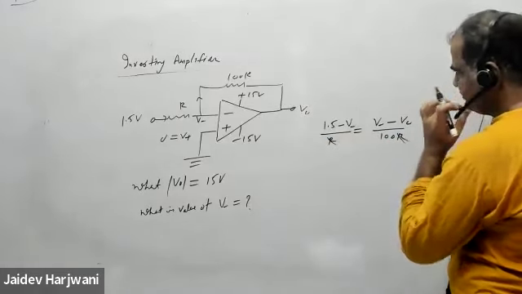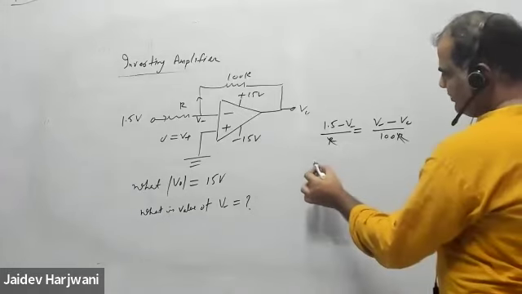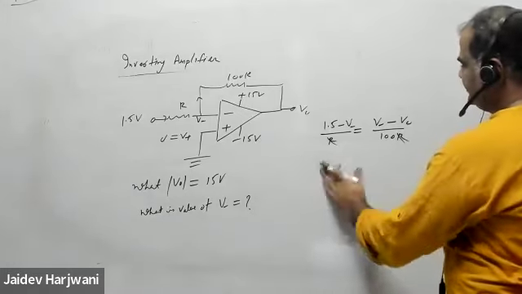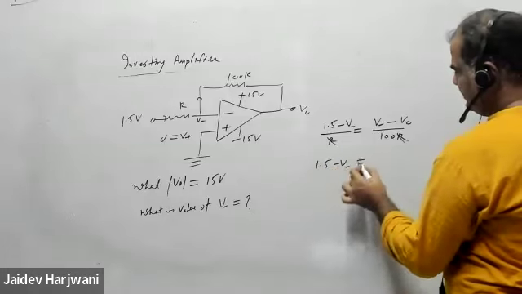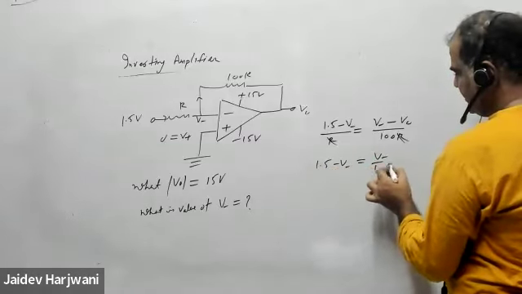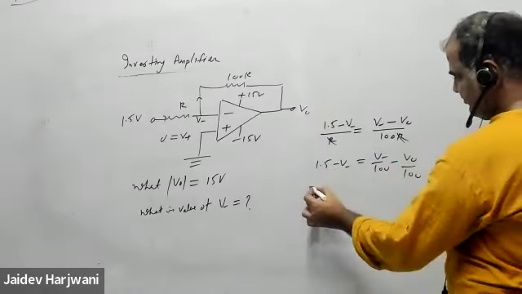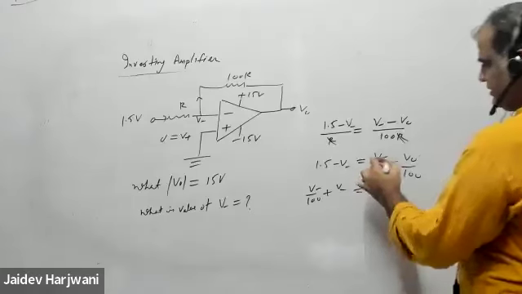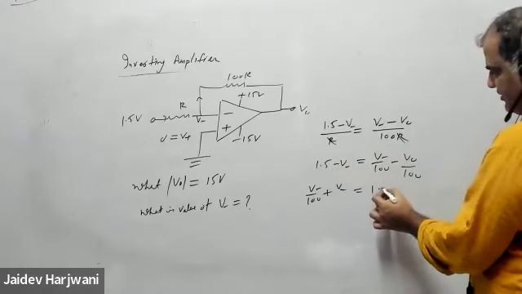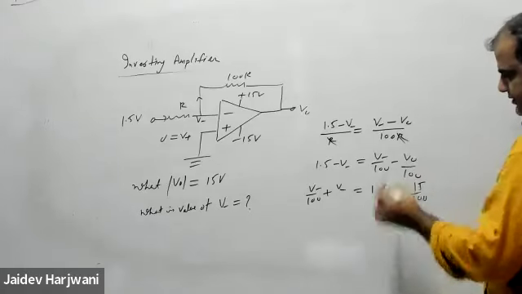How much is coming? V naught value you already know, 15 volts. So 1.5 minus V minus, and this is V minus minus V naught upon 100. So V minus upon 100 plus V minus, I'm setting this one here, and this is 1.5 plus V naught, 15, upon 100.